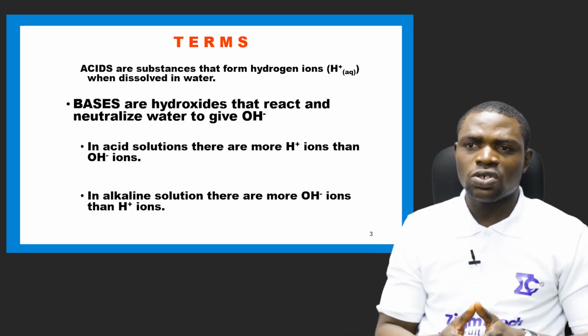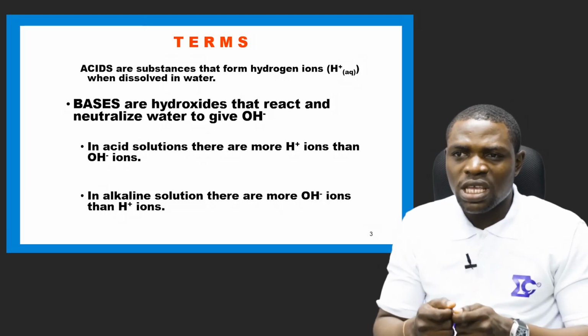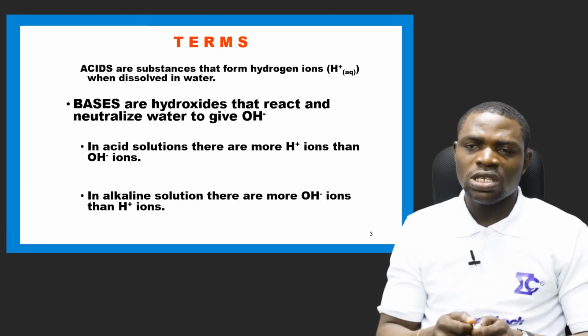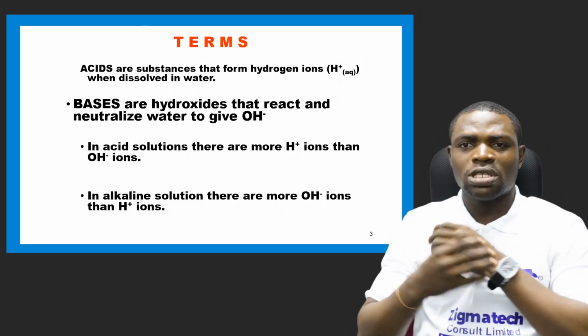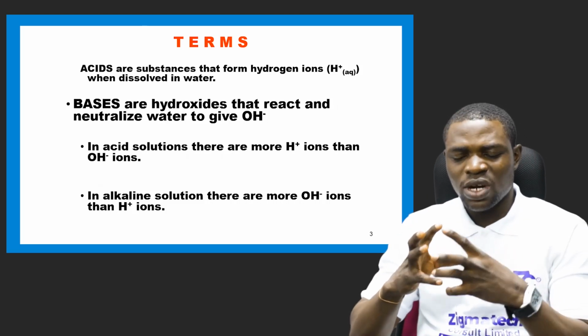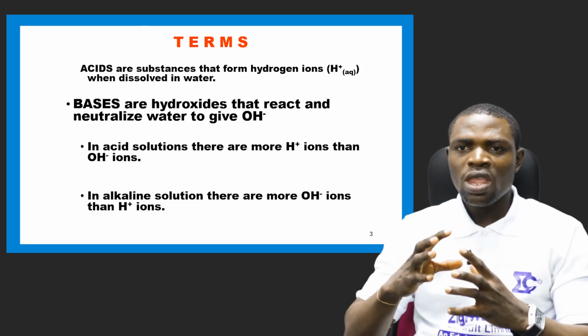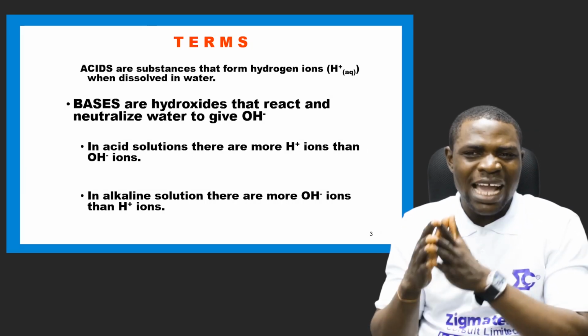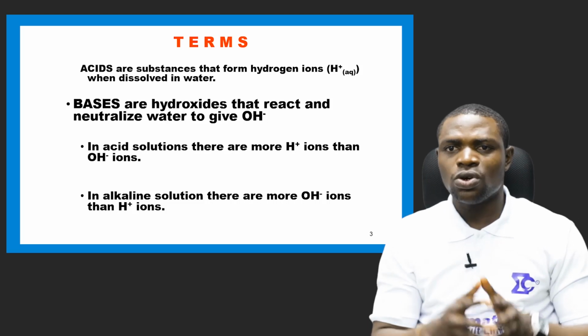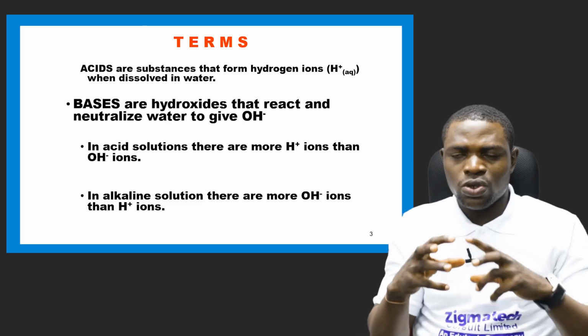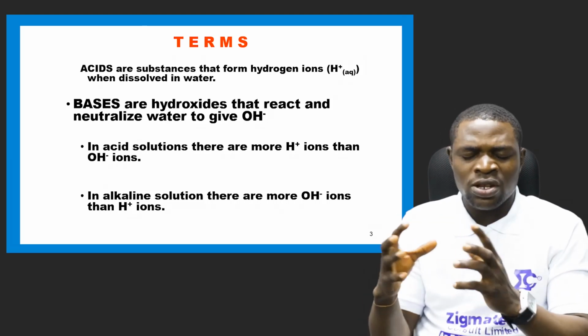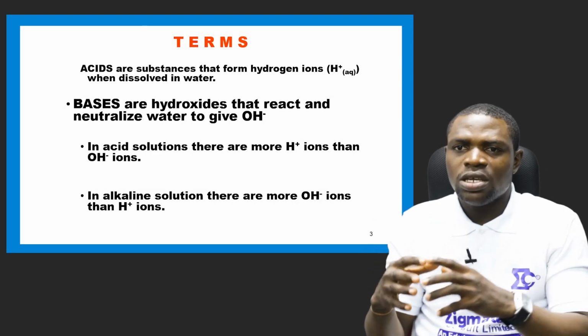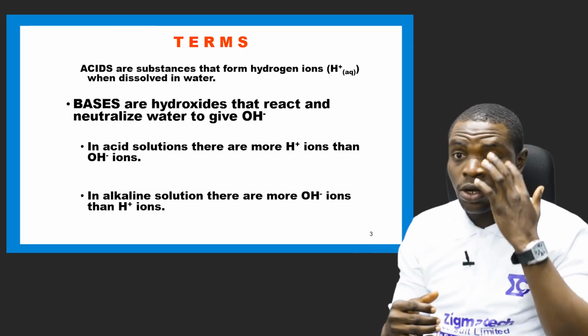So in acid solution, there are more hydrogen ion than hydroxide ion. You should note that if we analyze or hydrolyze water, you are going to get both hydrogen ion and hydroxide ion. So in an acidic solution, the hydrogen ion content is much more than that of hydroxide ion content.